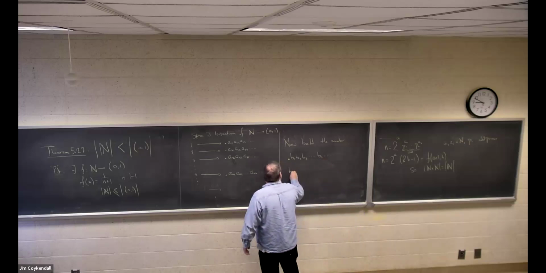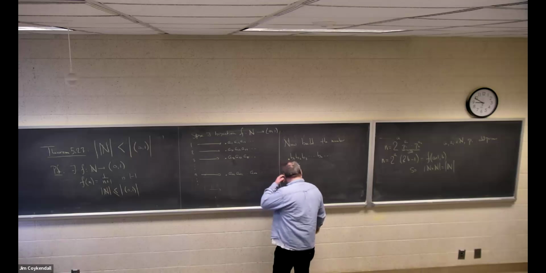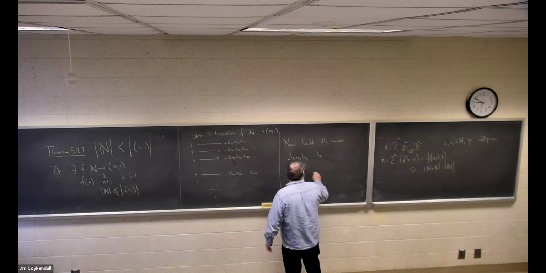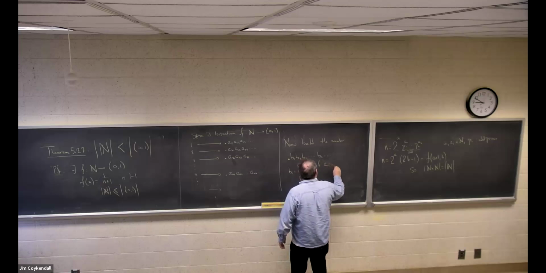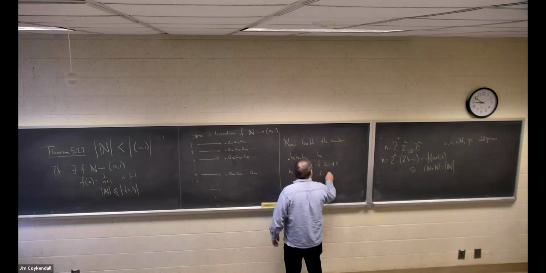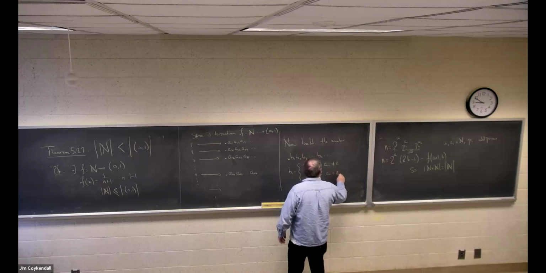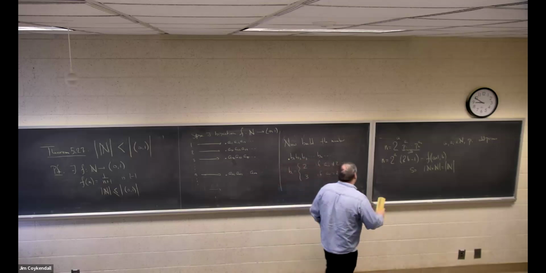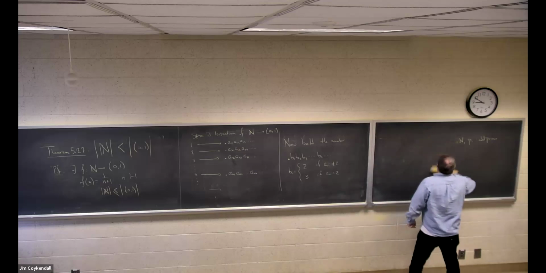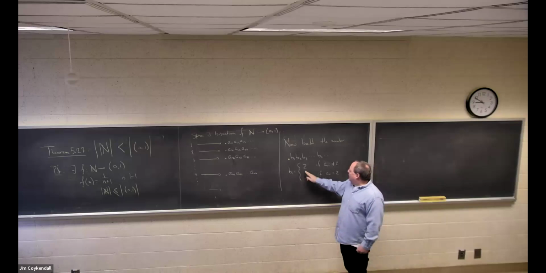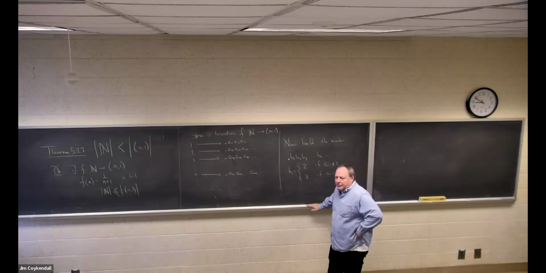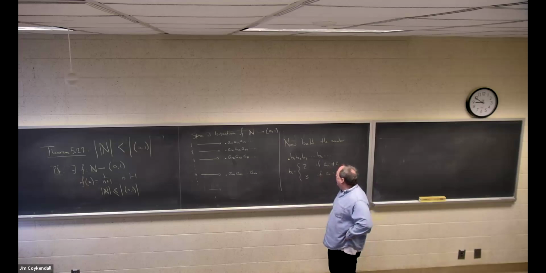I'm going to let B_i be 2 if A_ii is not 2, and 3 if A_ii equals 2. So everybody agree, what is B_i going to look like? It's going to be a string of 2s and 3s, right? And it's going to depend on what A_i is, right?